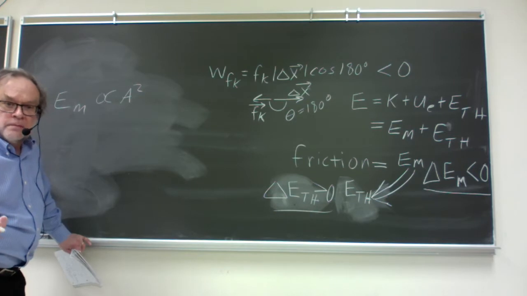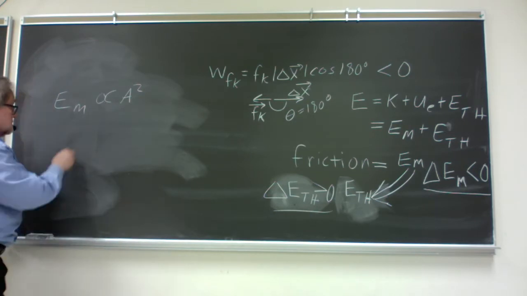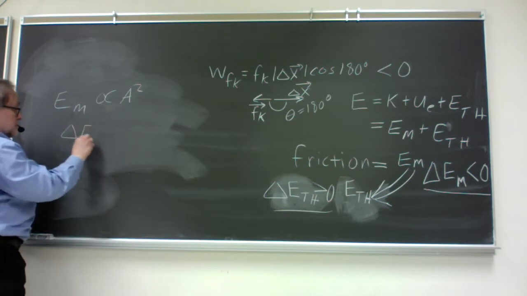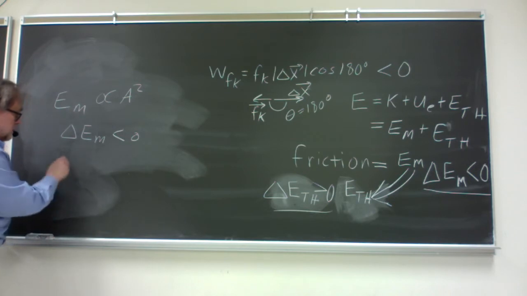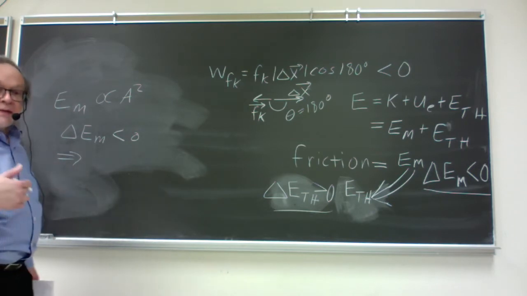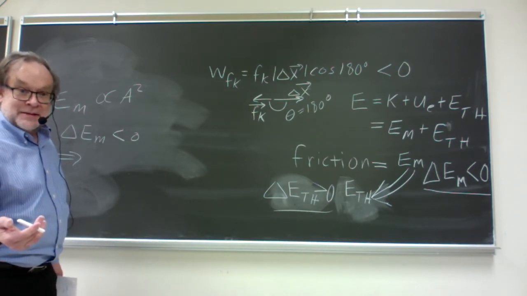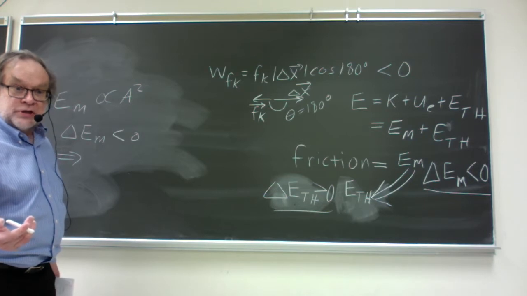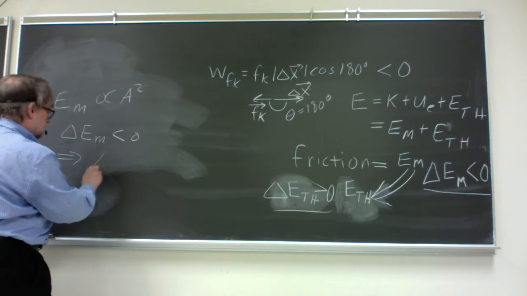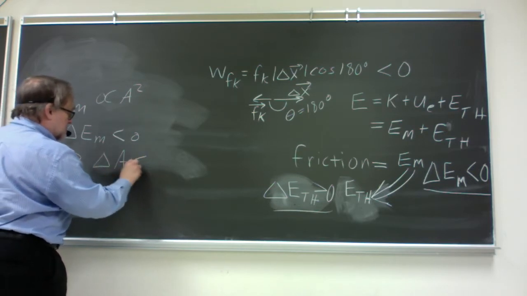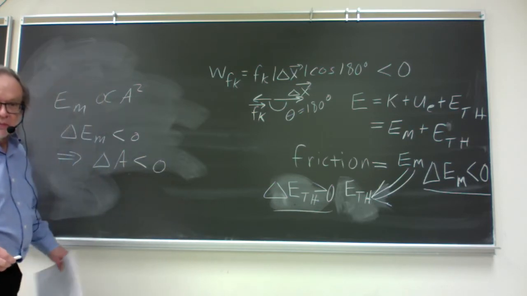So, of course, if the mechanical energy is decreasing, that is, if there's a negative change in the mechanical energy, that means we will see that mechanical energy is decreasing because we will see that the amplitude is decreasing. A negative change in the amplitude.